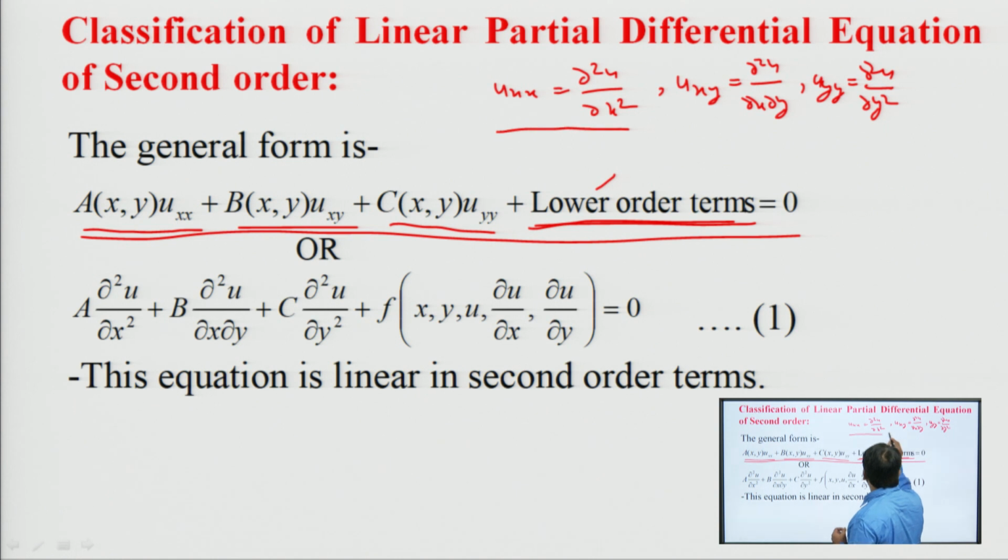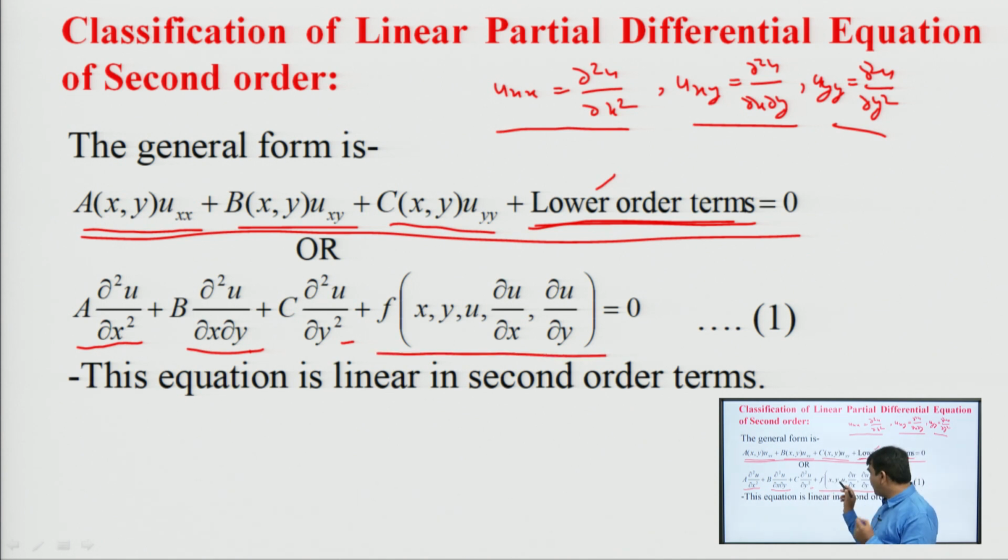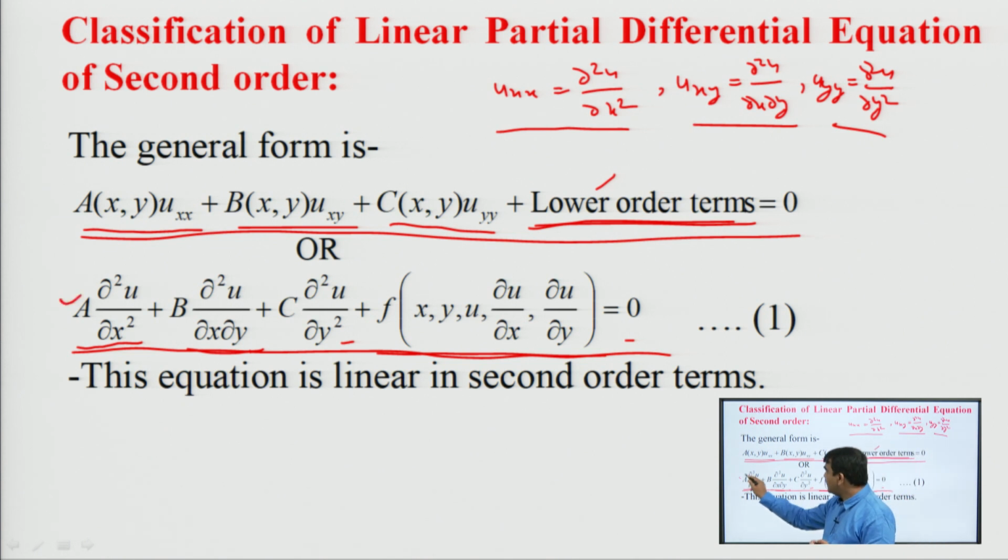So, if we use these notations, then this can be written in this form: a del 2 u by del x square plus b del 2 u by del x del y plus c del 2 u by del y square plus a function of either x or y or both or u or its first order derivative, or it may contain some constants. So, this is equal to 0. So, this is the general form of second order partial differential equation. Here a, b, c are functions of either x or y, or maybe constants.